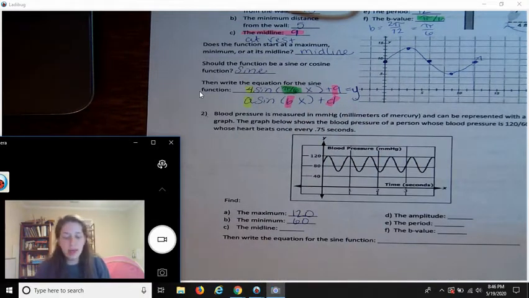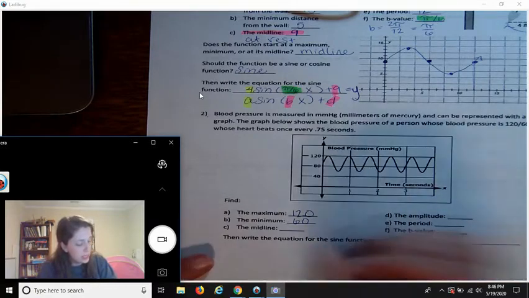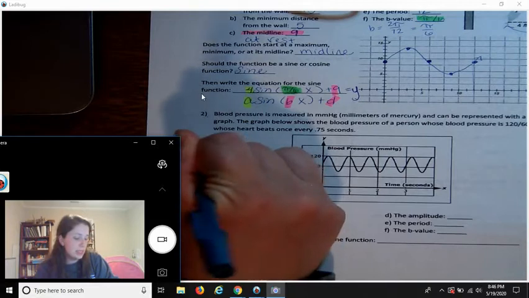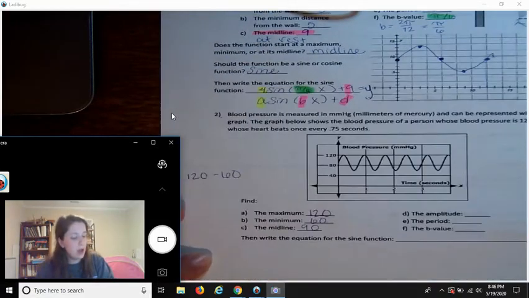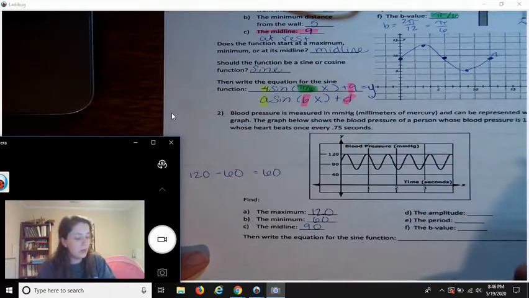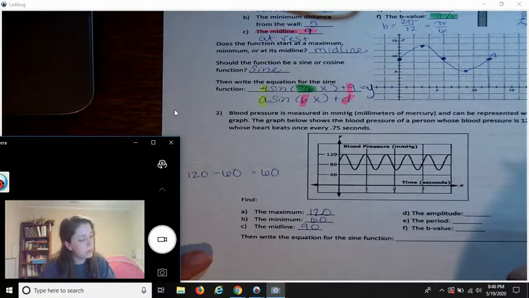And then the midline should be halfway in between those two pieces. And we're going to call that 90. So if I take 120 and subtract 60, I should get 60. Okay, let me make sure I'm doing this right.